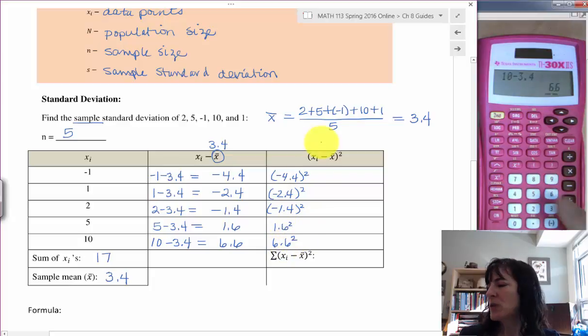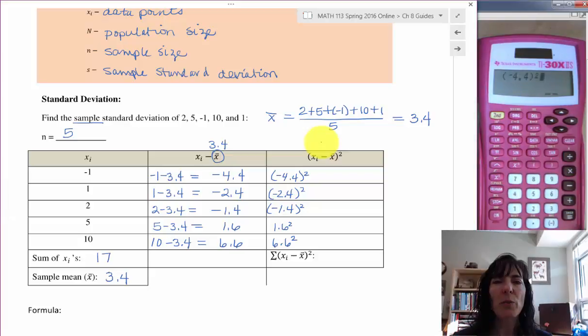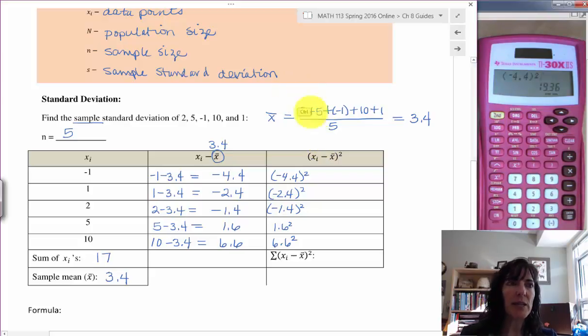So I'll type each of those in, negative 4.4, and I have a square. So I put that negative 4.4 inside the parentheses, because I'm squaring the entire quantity, and then push equals, and I'll get 19.36. And I really do expect all my negatives for my differences to come out positive right after I square, because I'm doing negative times negative, and that's always a positive.